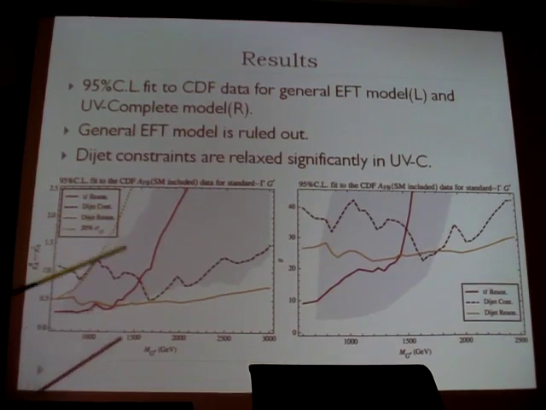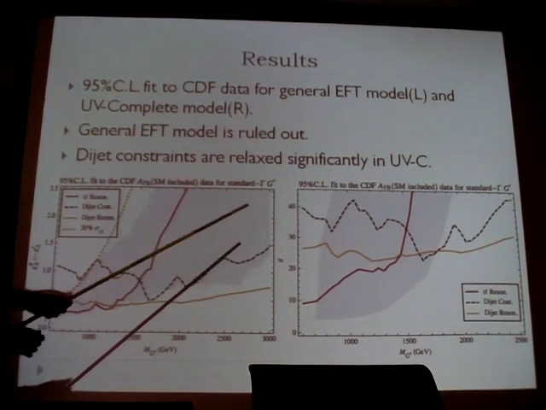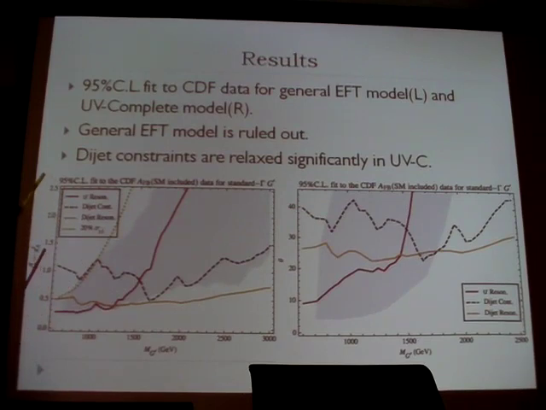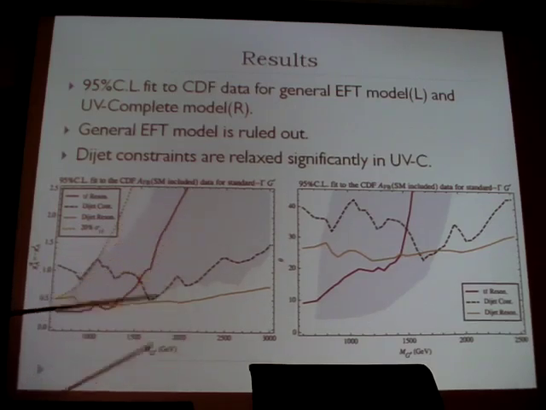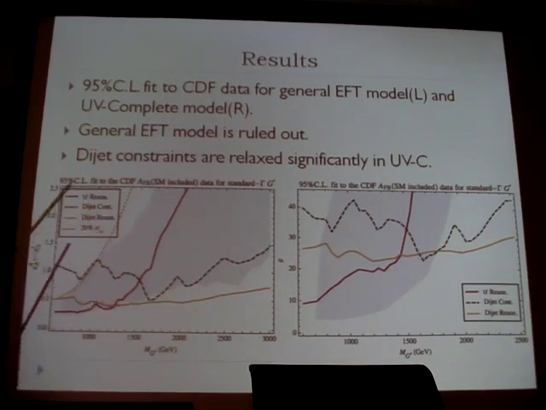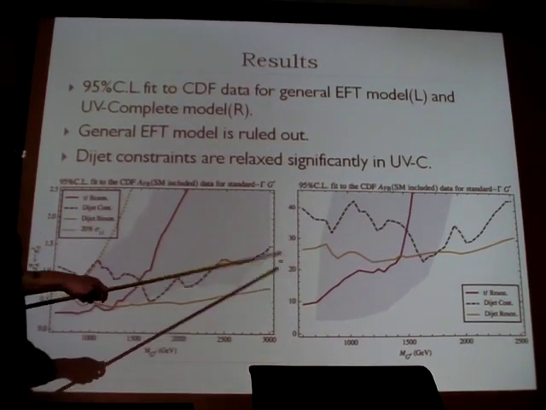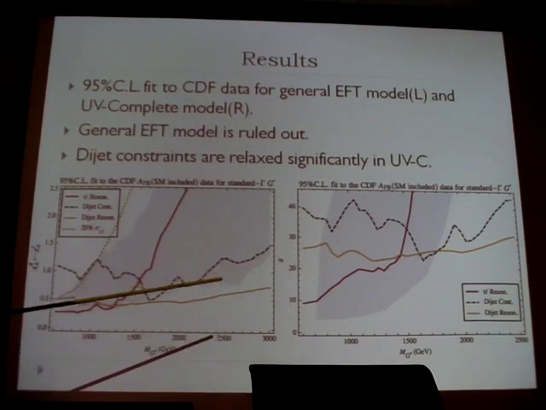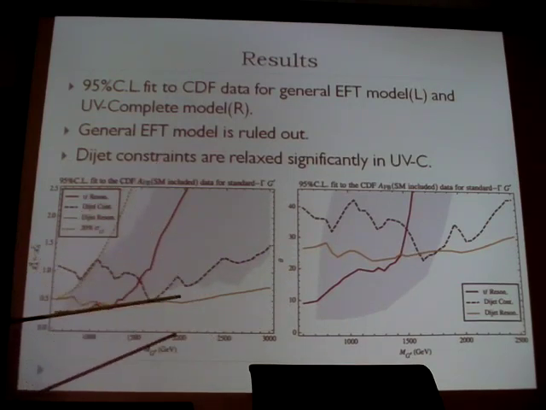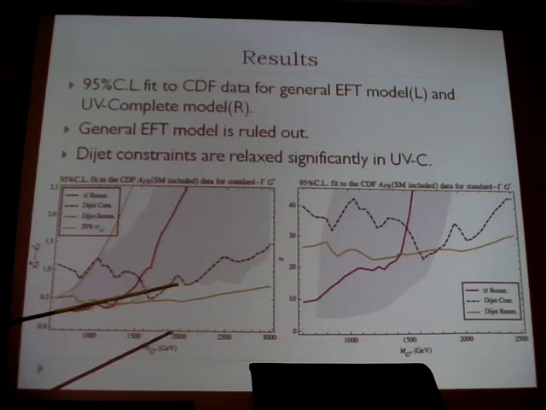So for all the dijet constraints, I'm doing all the constraints with the MadGraph simulation. If we do the simulation very carefully with the standard model gluon and Axigluon interference to produce the dijet constraint, most of the events will be from the standard model gluon process. That will be dominant.